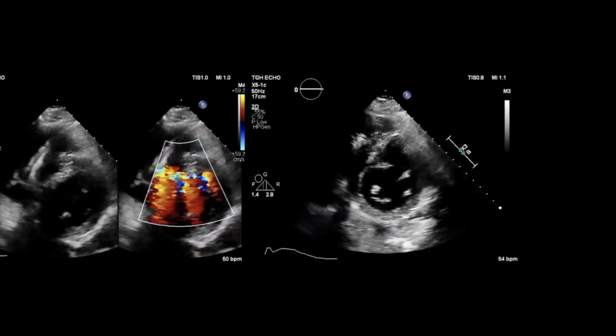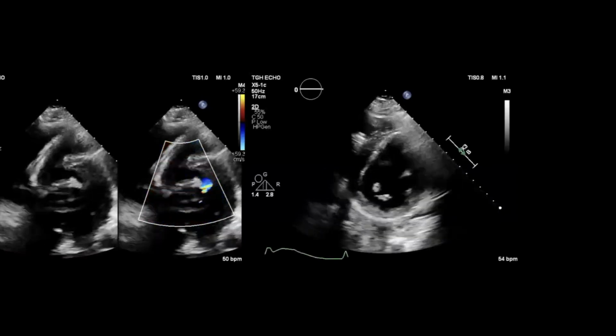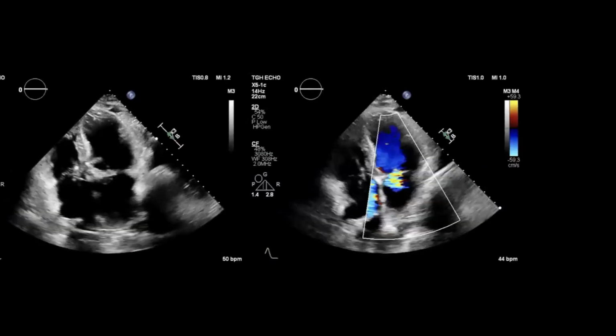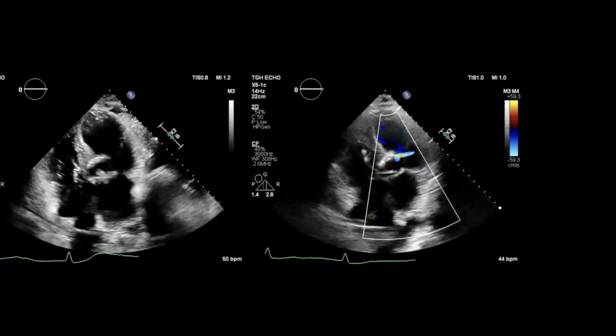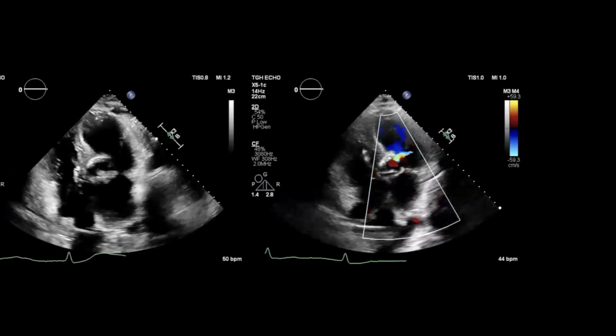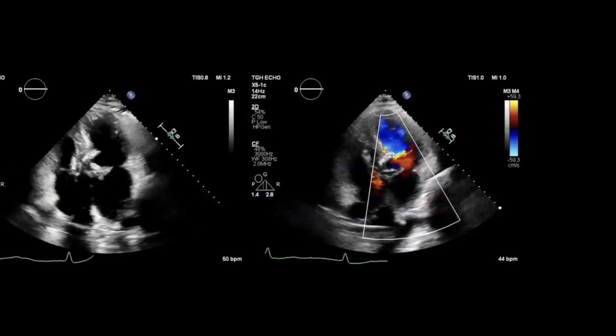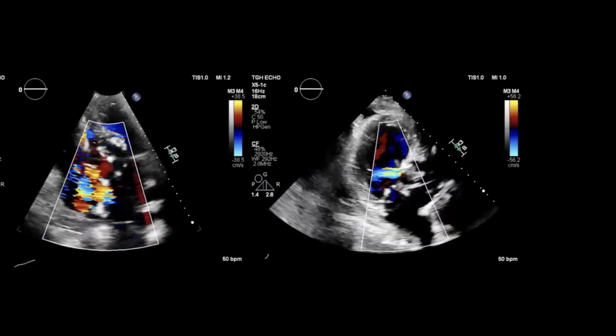Anybody else have any thoughts or try to get a variety of pictures here? There was at least moderate to severe MR as well.